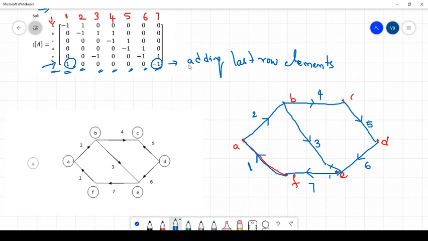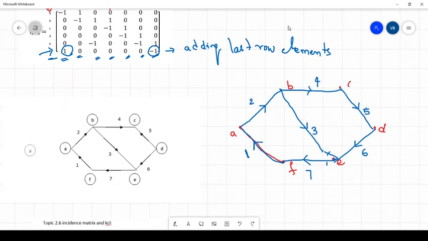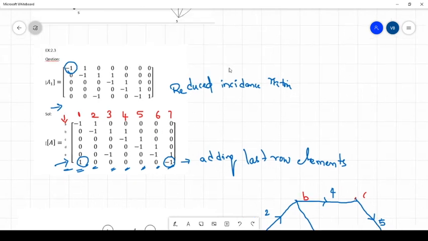So like this, in the problem, first you observe whenever the incidence matrix is given, each and every column should have +1 and -1 along with the zeros. If they are not there, then that matrix is called a reduced incidence matrix. If in the problem there are no -1 and +1 values for all the columns, then that matrix is called a reduced incidence matrix.